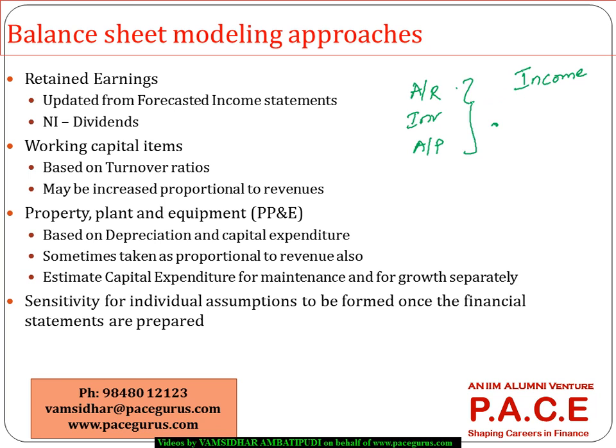So more or less like turnover ratios, the accounts receivable turnover ratio, wherein you have an income statement element in the numerator and the average accounts receivable in the denominator. The same way with inventory, same way with accounts payable. So most of the working capital related items, I can generally look at them in proportion with the revenues or in detail corresponding to their turnover ratio.